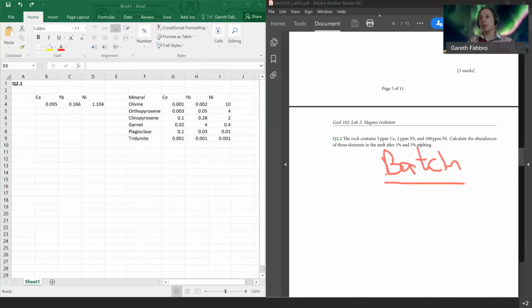If you said, I'm assuming Rayleigh melting, and you've got all the calculations correct, then I would have to give you the marks. But if you just put down the numbers and I had no idea where you got them from, I might mark you as wrong because the numbers wouldn't match what I was expecting. So always show your work. So we're going to assume batch melting here.